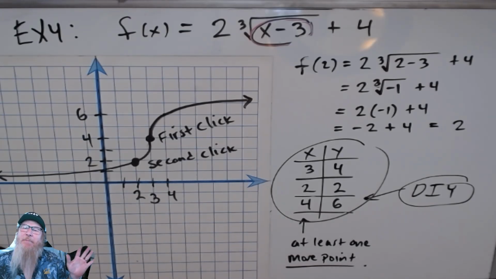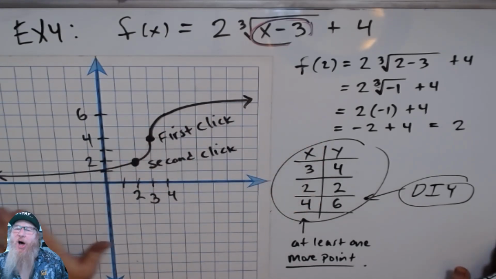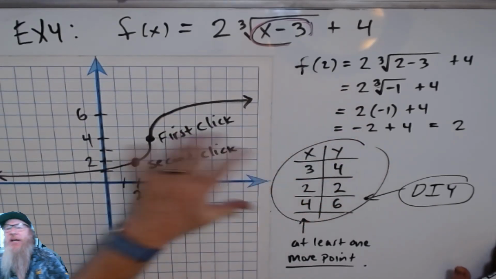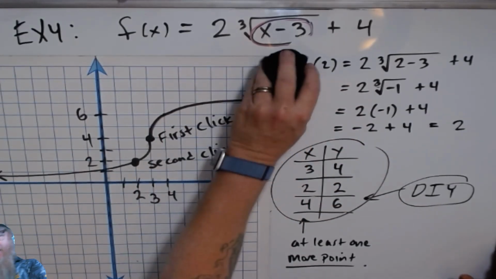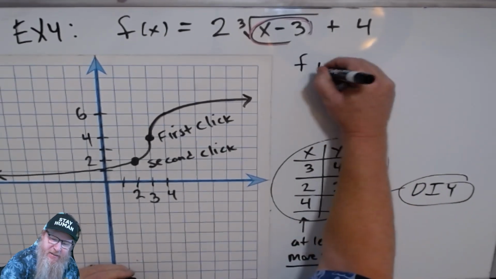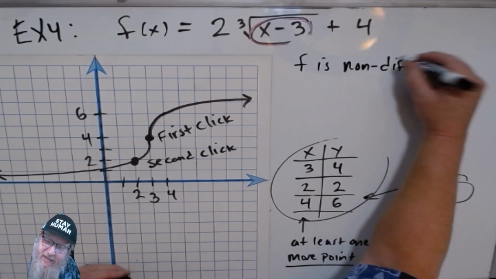I'm going to stop there for what we call non-piecewise functions. So these are continuous, non-differentiable. Let's go ahead and state the result. F is non-differentiable. It is continuous, though.